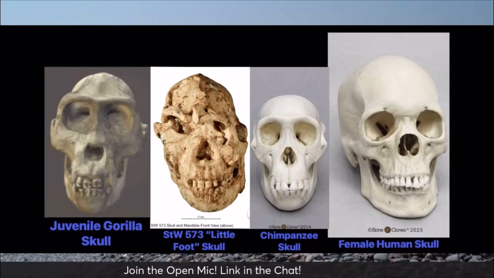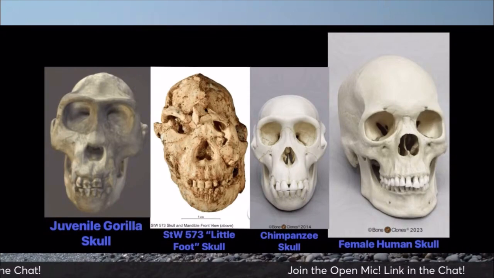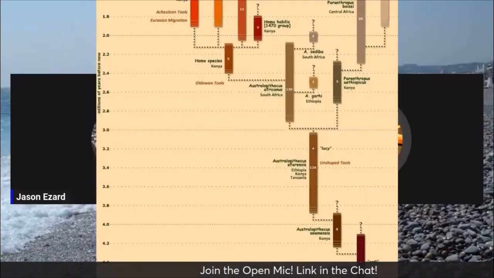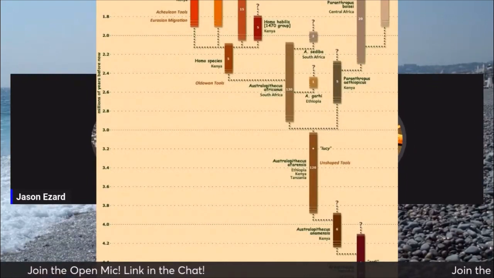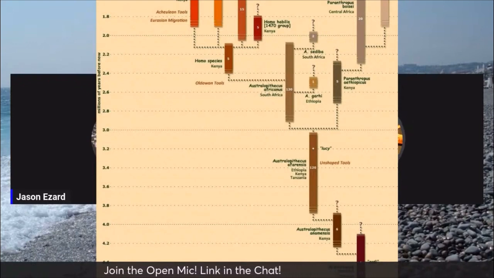I've got another tree. Oh yeah, here we go. So his would have been one of the robust Australopithecines, I think so.